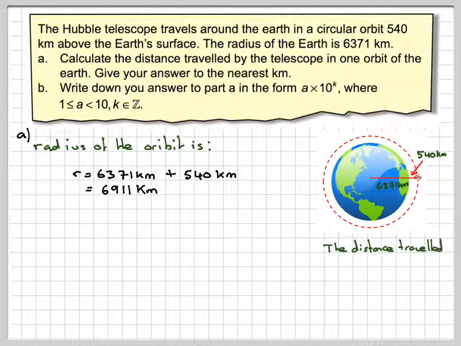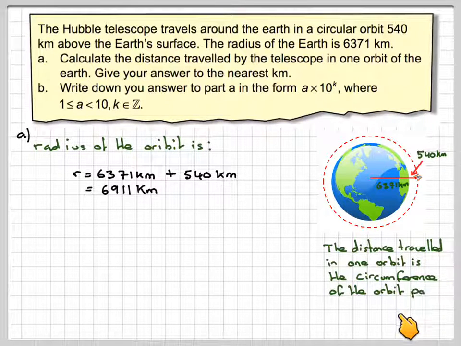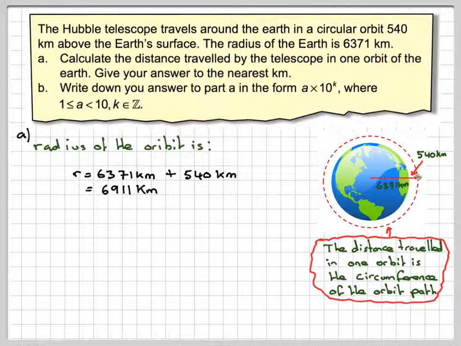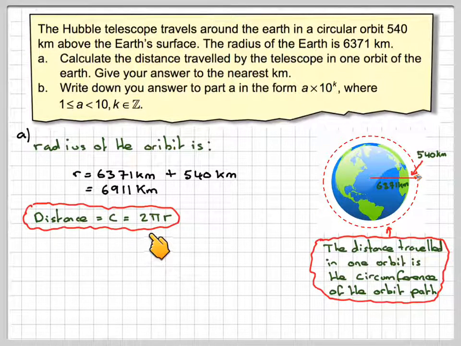Now, the distance travelled in one orbit is the same as the circumference of the orbit path. So it's going to be the circumference of this red dotted circle out here. So distance is equal to the circumference, and the circumference is 2 pi r.